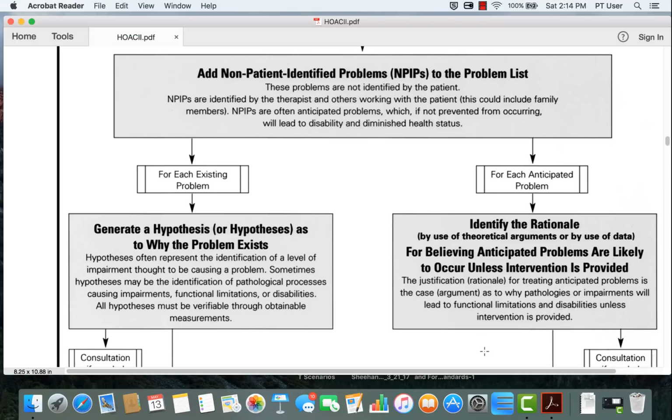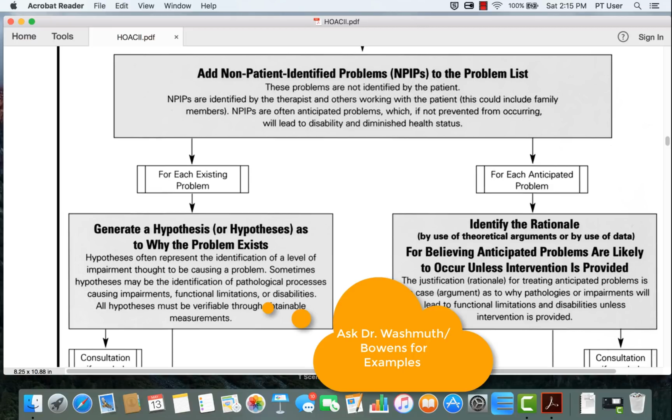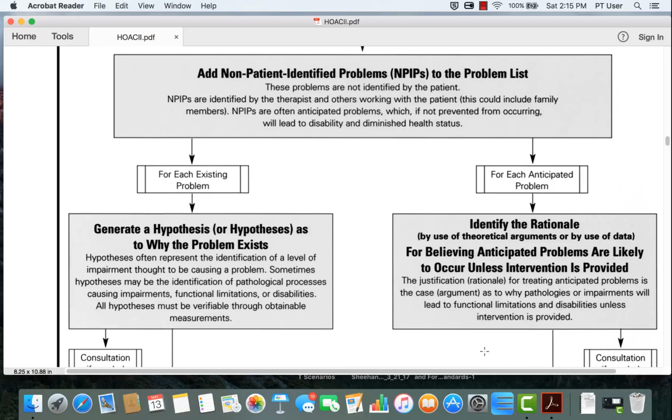You will learn later in the curriculum some examples in certain courses where there are multiple levels of assessment, or the PT is drawing causal relations between health conditions or pathological processes, impairments, and functional limitations. Okay. But just to restate, at the very least, the hypothesis is the identification of impairment as it relates to function.